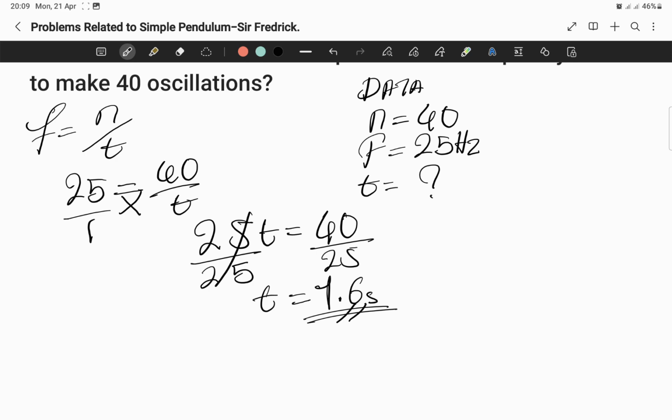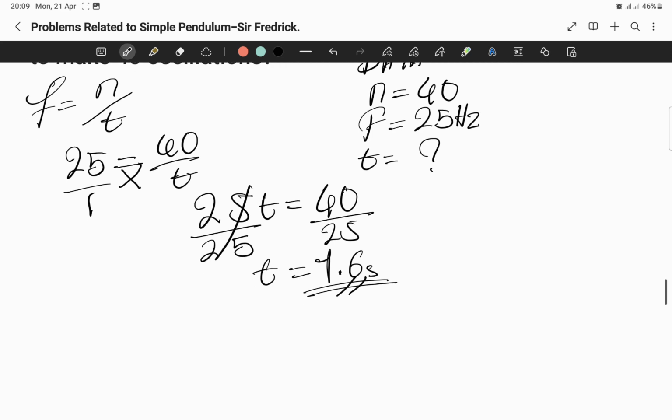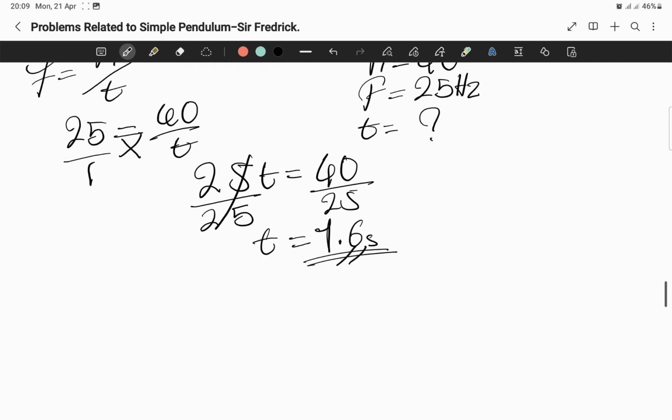So what do we learn from these calculations? Regardless of what you've been given, you can find frequency, number of oscillations, time interval, and the period. Just to clarify one thing: if you've been asked to find frequency and in the question you've been given oscillation, always go with this formula.